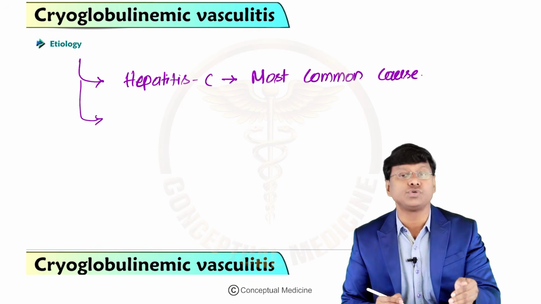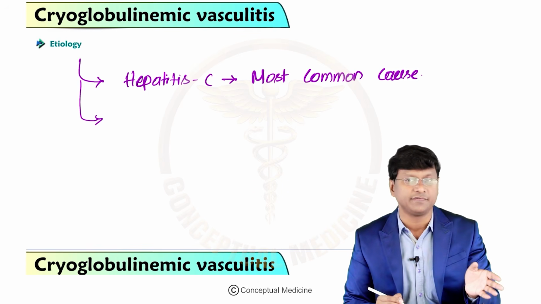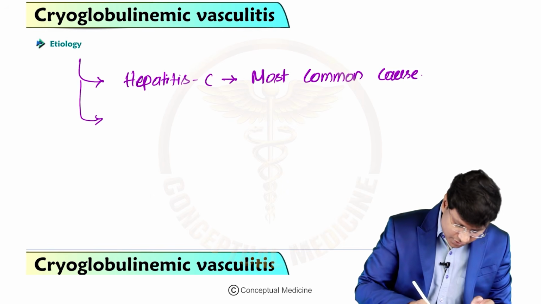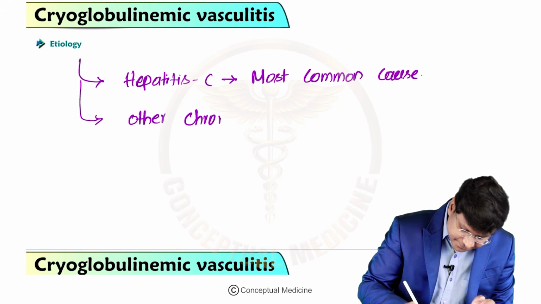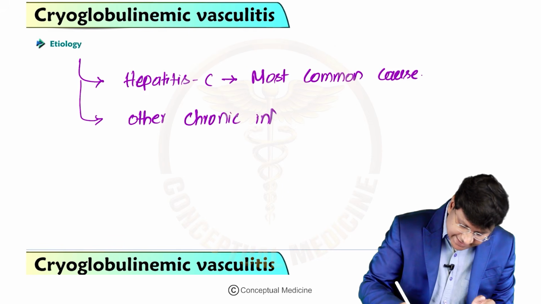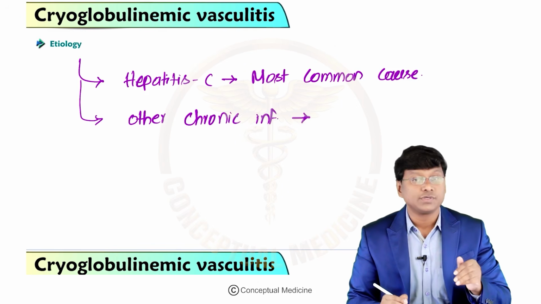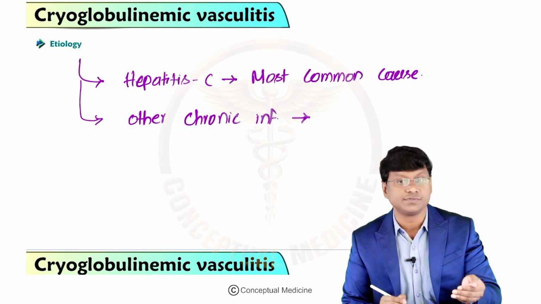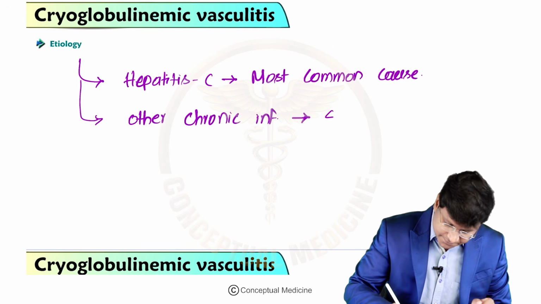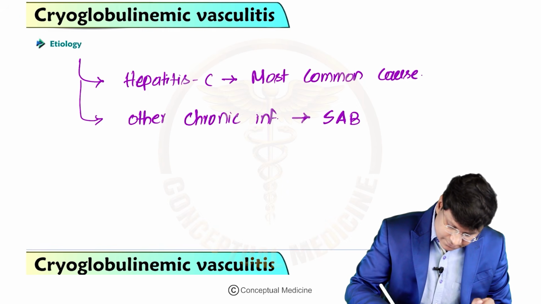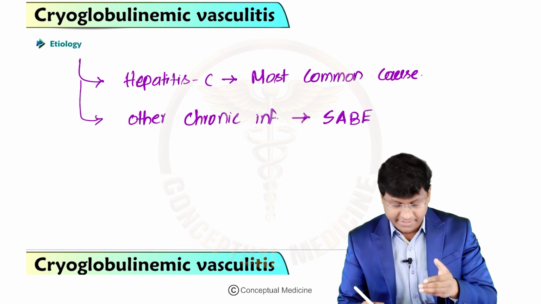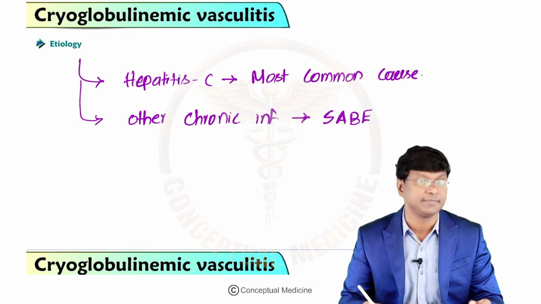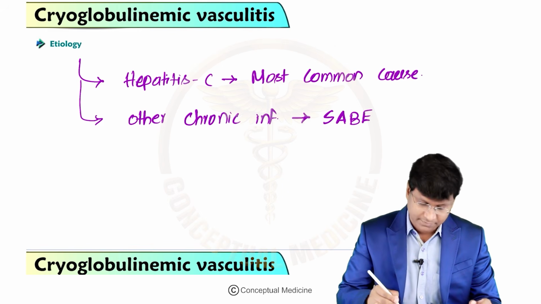It can also occur with other chronic infections, which include subacute bacterial endocarditis. Even in patients with subacute bacterial endocarditis, there can be development of this vasculitis.